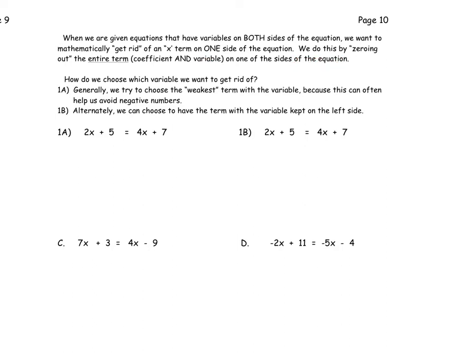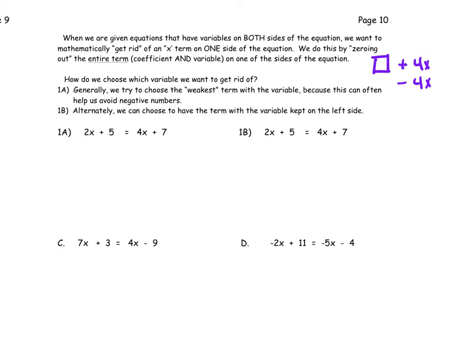So for instance, if I had some number and I was adding 4 to it, I would subtract 4 in order to get rid of it. However, if I had 4x, I can also get rid of that entire term by taking away 4x.